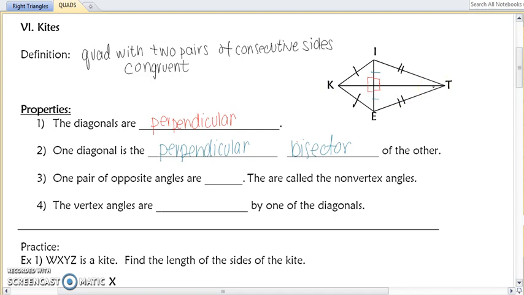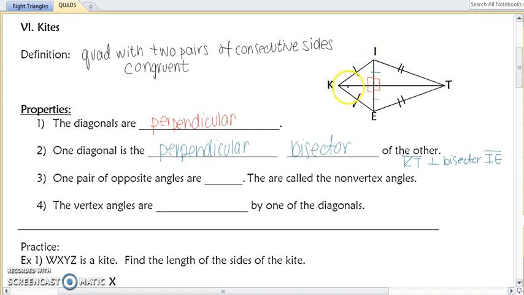Okay, so KT is doing the splitting, is the perpendicular bisector of IE.